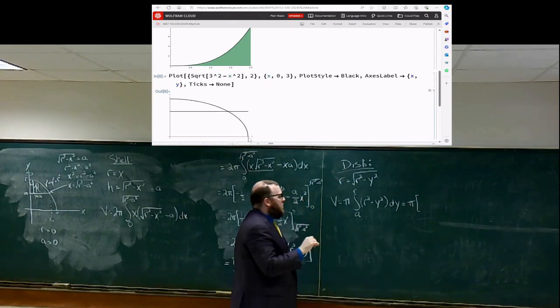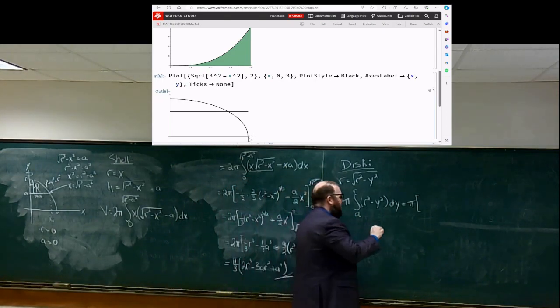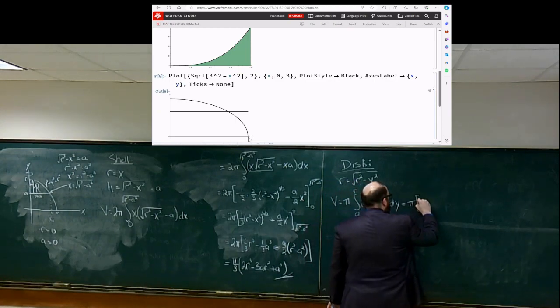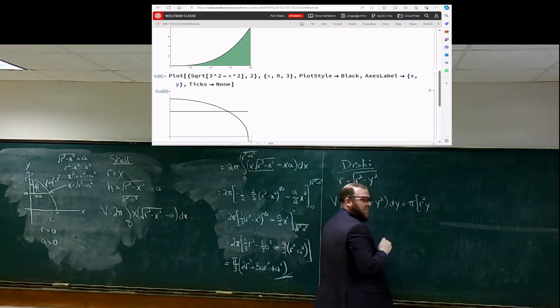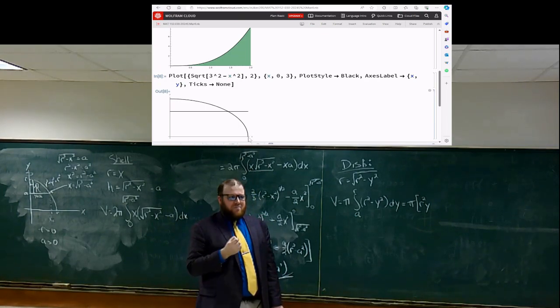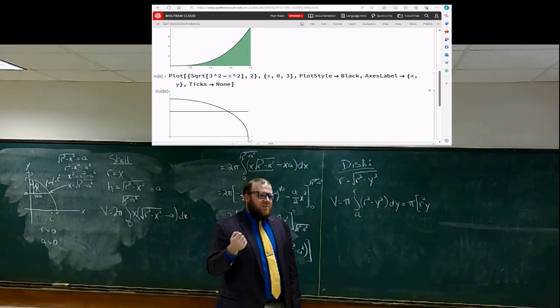What is that antiderivative, r squared with respect to y? 1/3 r cubed? With respect to y? R is constant. The radius of your sphere is unchanging.